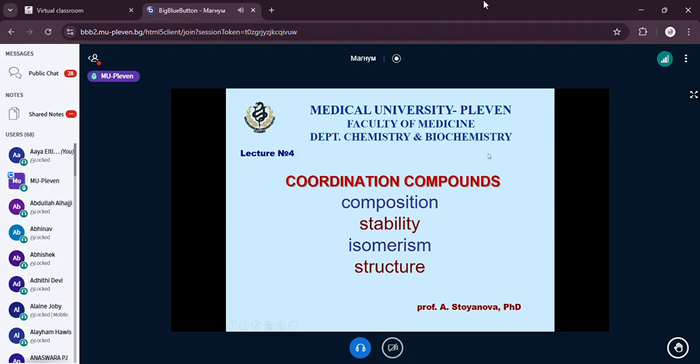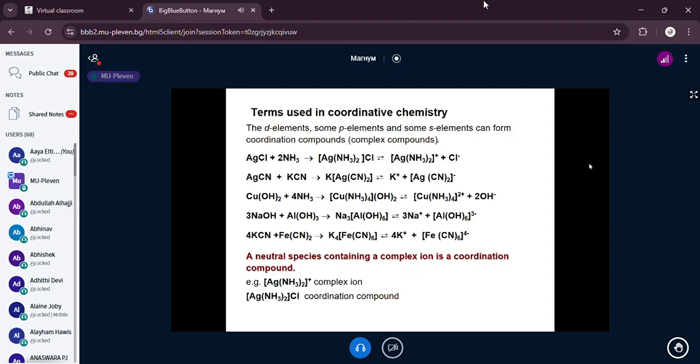Coordination compounds are a specific type of compound present in biological structures, so we have to study these compounds. Usually, we can regard coordination compounds as bonds between simple compounds.